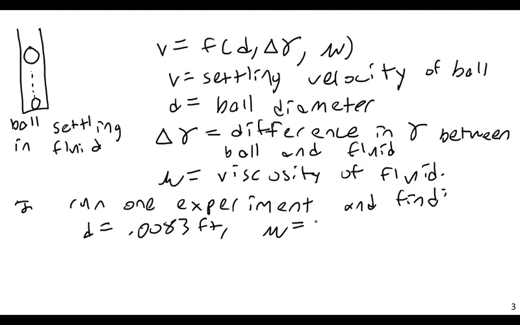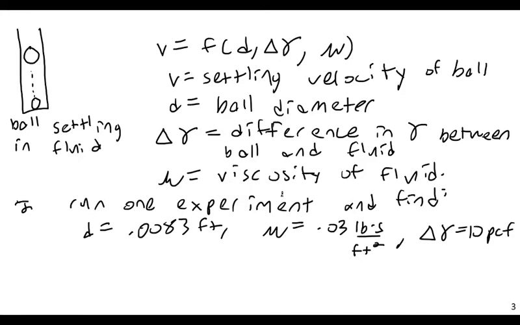Mu is, and I'm just going to give all of these in units of feet to make things a little bit quicker, 0.03 pound-seconds per foot squared. And delta gamma is 10 pounds per cubic foot. That would mean the gamma of the ball would have to be approximately 72.4 pounds per cubic foot, because the gamma of water, of course, is 62.4.